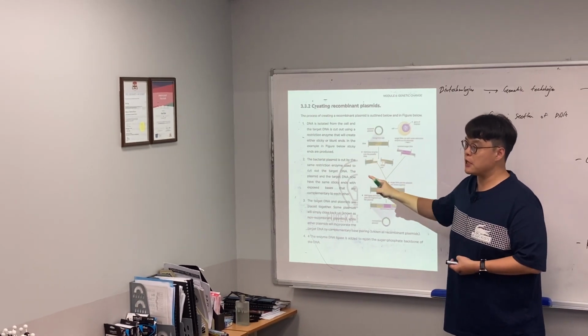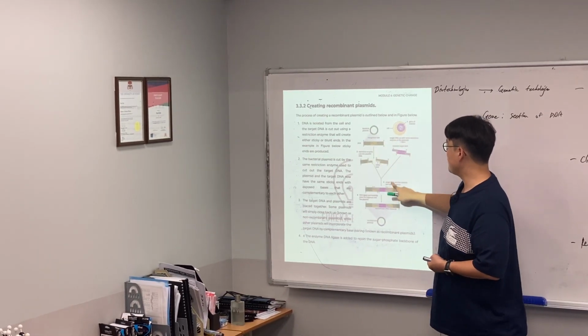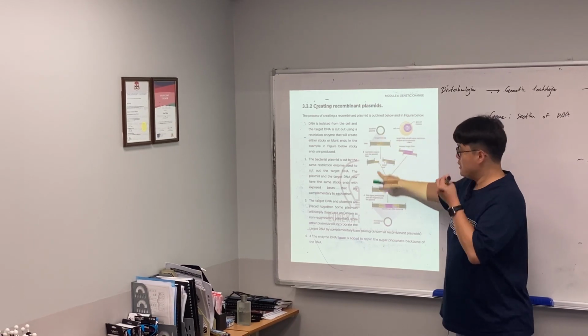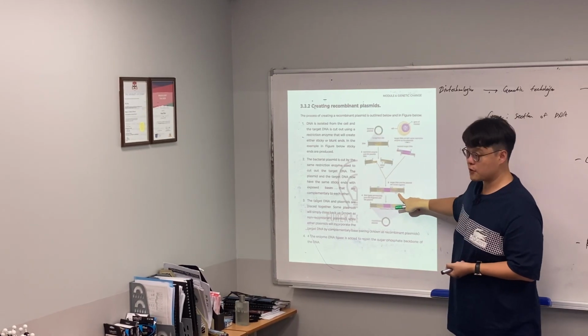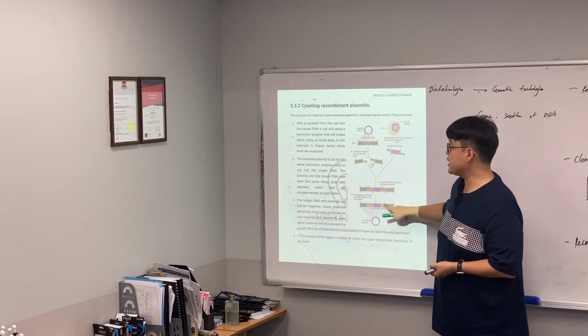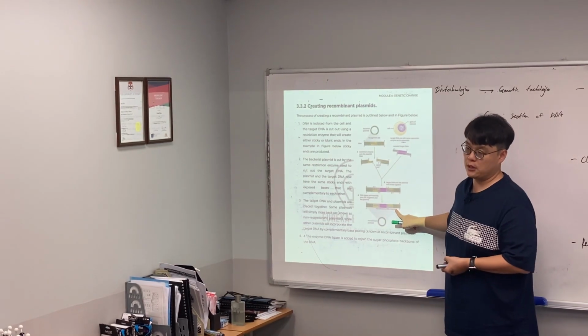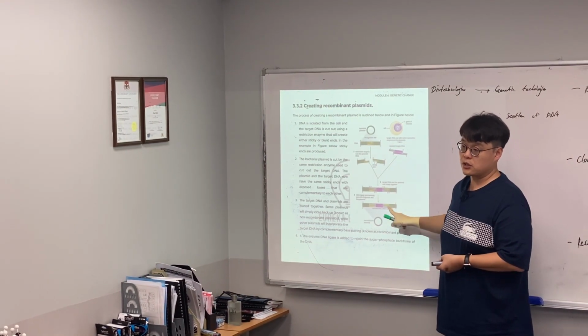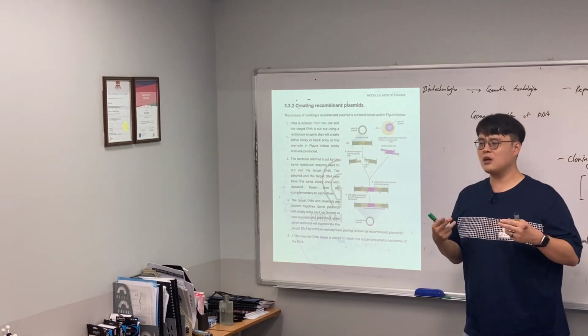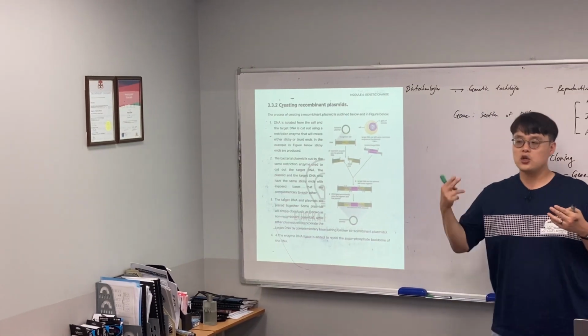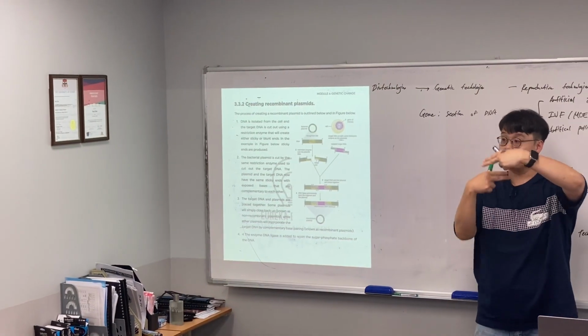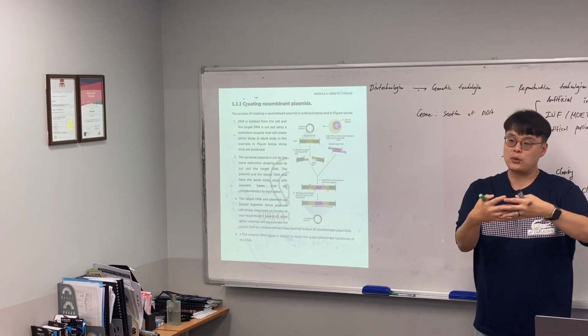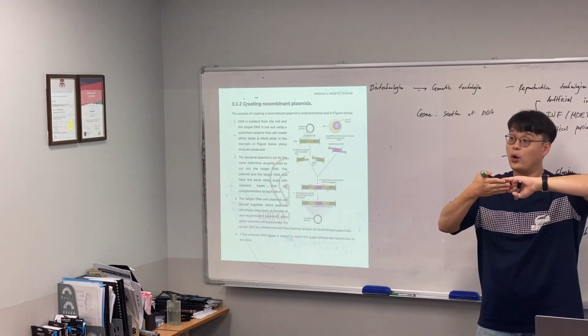So that is matching to the cut plasmid too. So they come together first of all, and then you use ligase to glue them together. Does that make sense? This is very important: when you're thinking about cutting and pasting something, you need to cut in the same identical shape, so that when you place them and glue them, they come together as one.